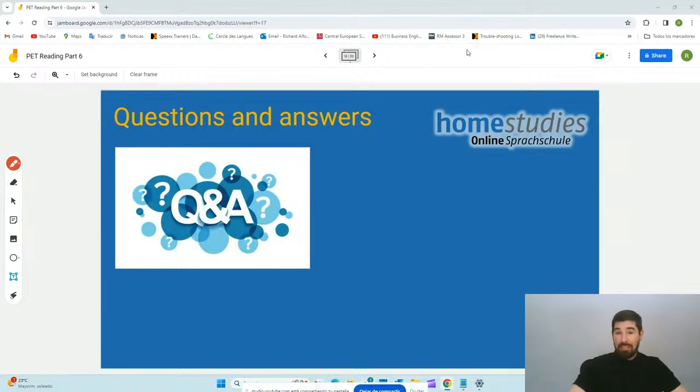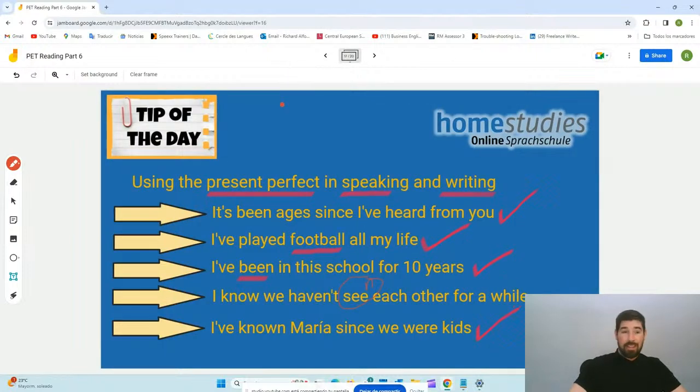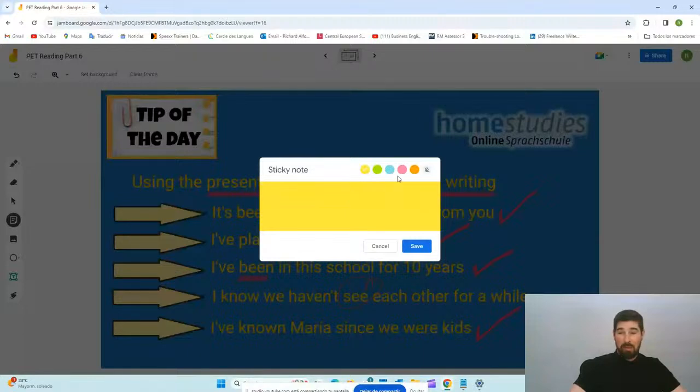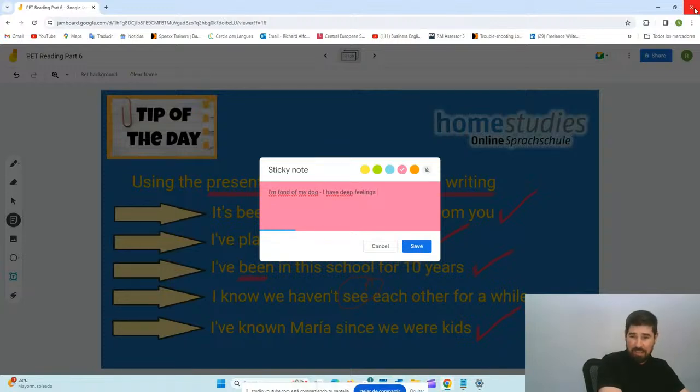Now, I did say it's Valentine's Day, you know, if you're romantic, I said I'd give you a couple of bits of vocabulary that could be nice for Valentine's Day. For example, I'm fond of my dog, meaning I have deep feelings for my dog.